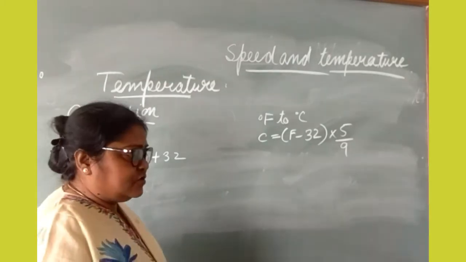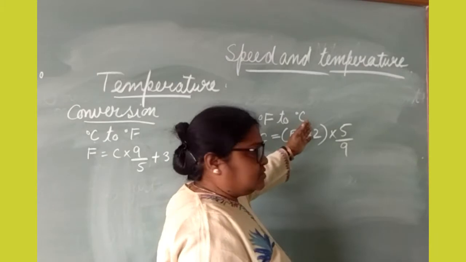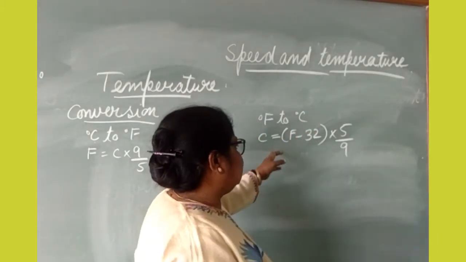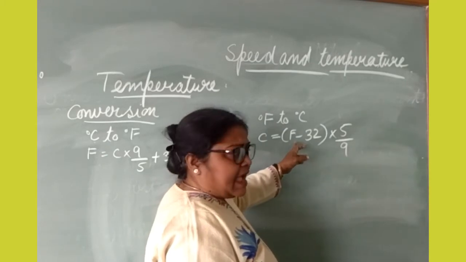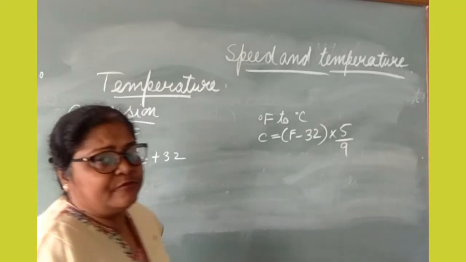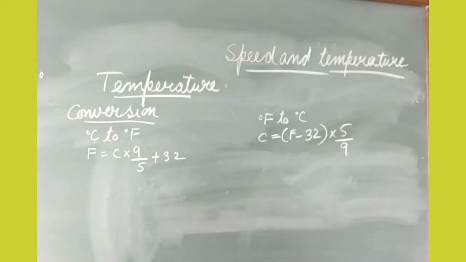To convert Fahrenheit to Celsius, we use this formula: C equals (F minus 32) into 5 by 9. Okay, is it clear to you all?